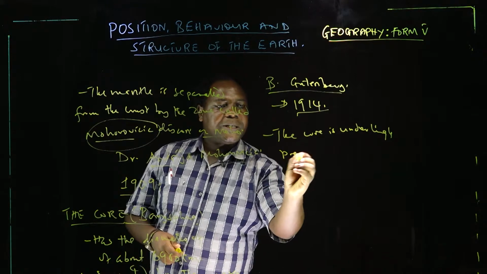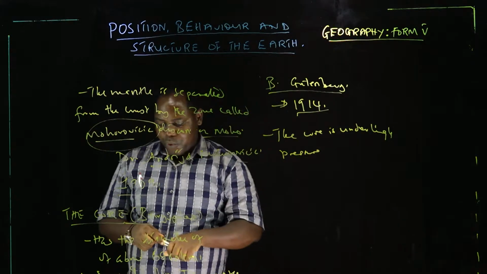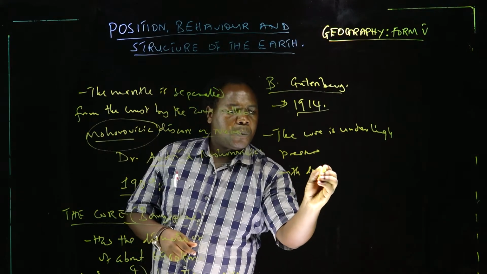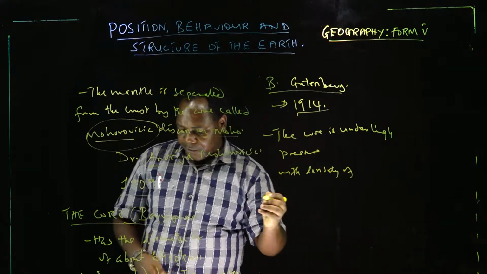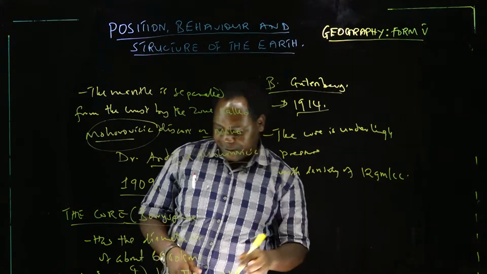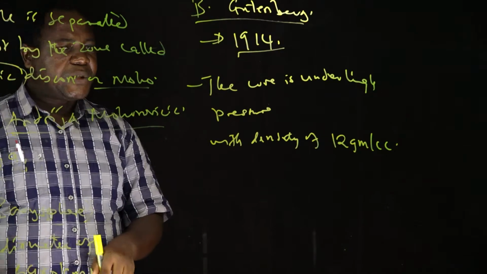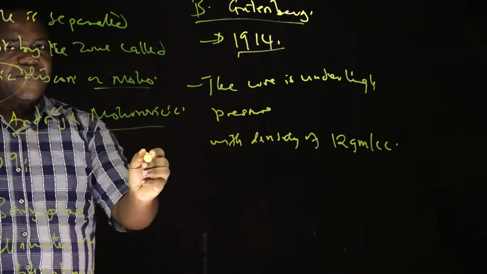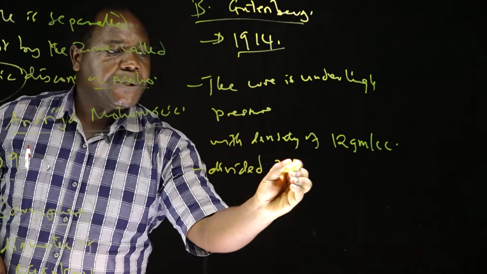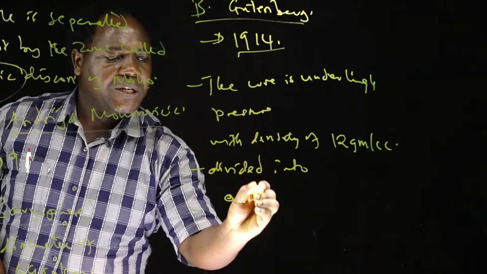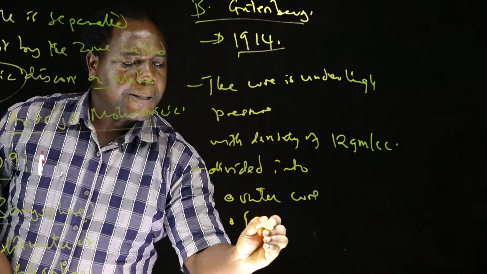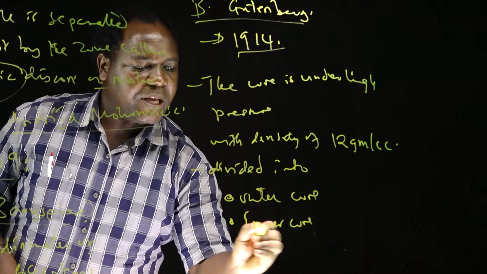The core is under high pressure, with an average density of about 12 grams per cc. The core is also divided into the outer core and the inner core.